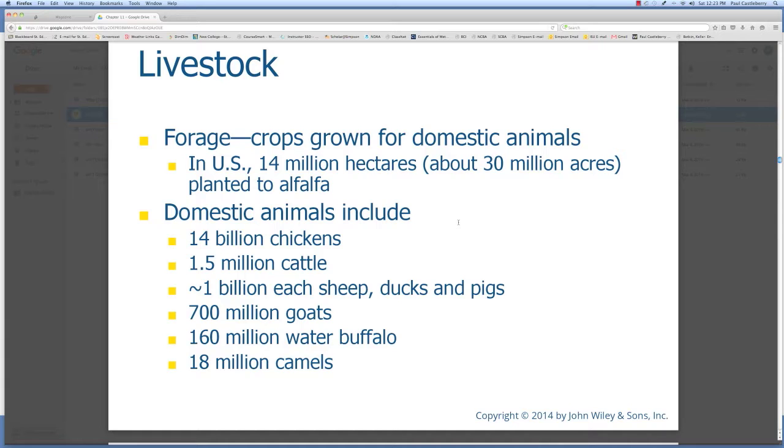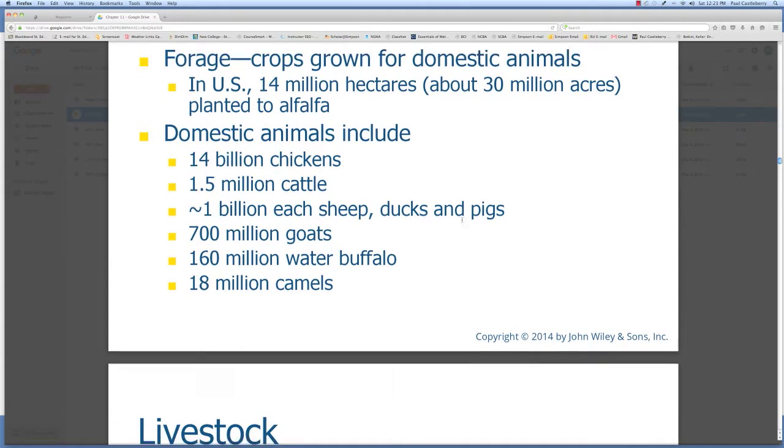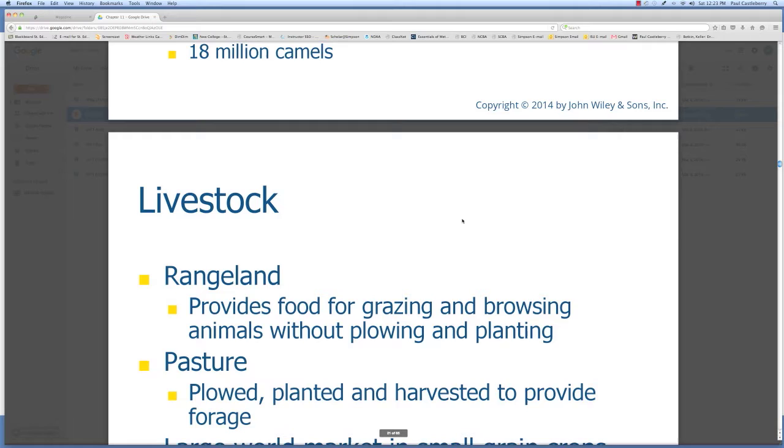That's the largest crop in terms of livestock, is chickens, and then cattle, and it begins to decrease as we go. Actually, 18 million, yeah. So we go from billions down to millions of cattle, and then approximately 1 billion of sheep, ducks, and pigs. So chickens is the big winner here in terms of for the food chain.